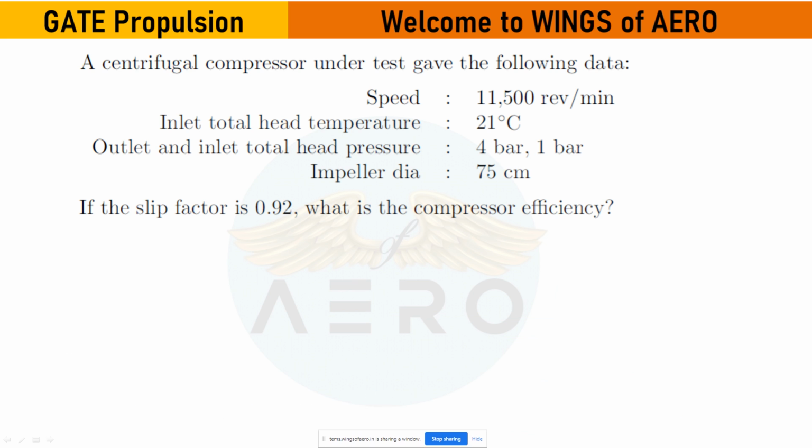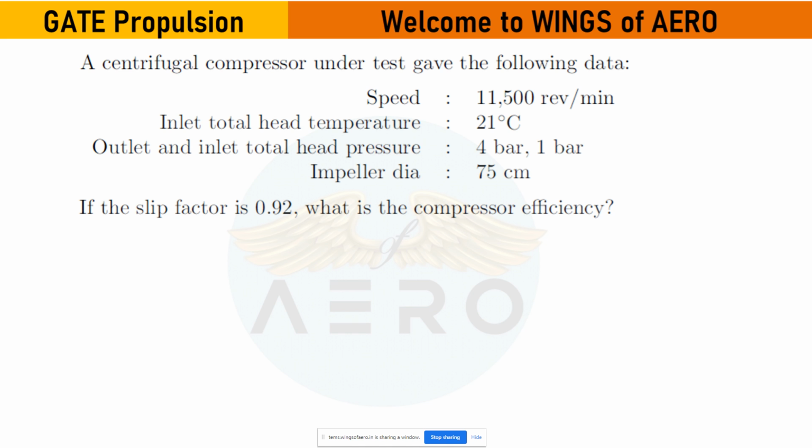Alright, now we will start solving some of the important problems. Now first question: a centrifugal compressor under test gave the following data. Speed has been given in revolutions per minute.